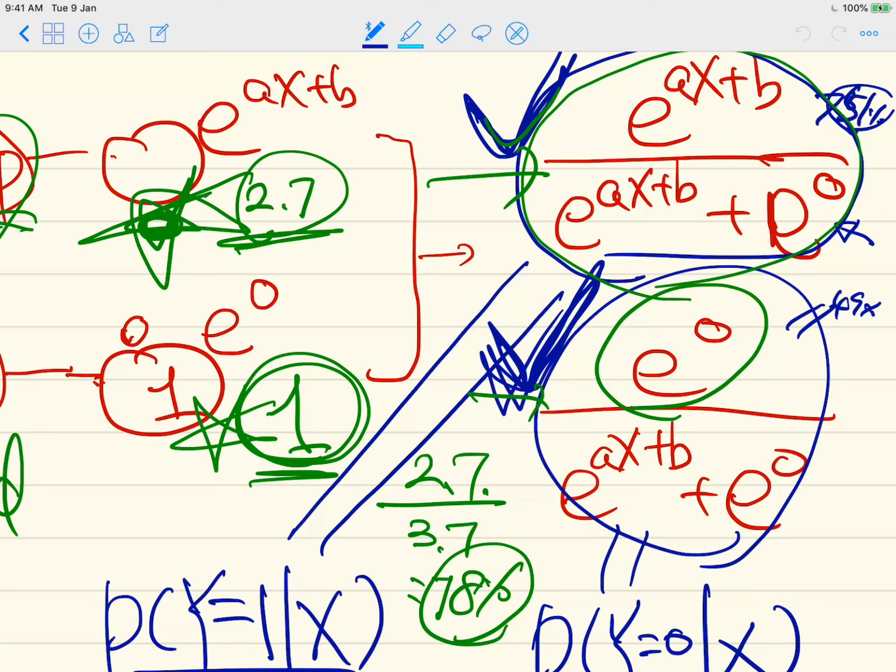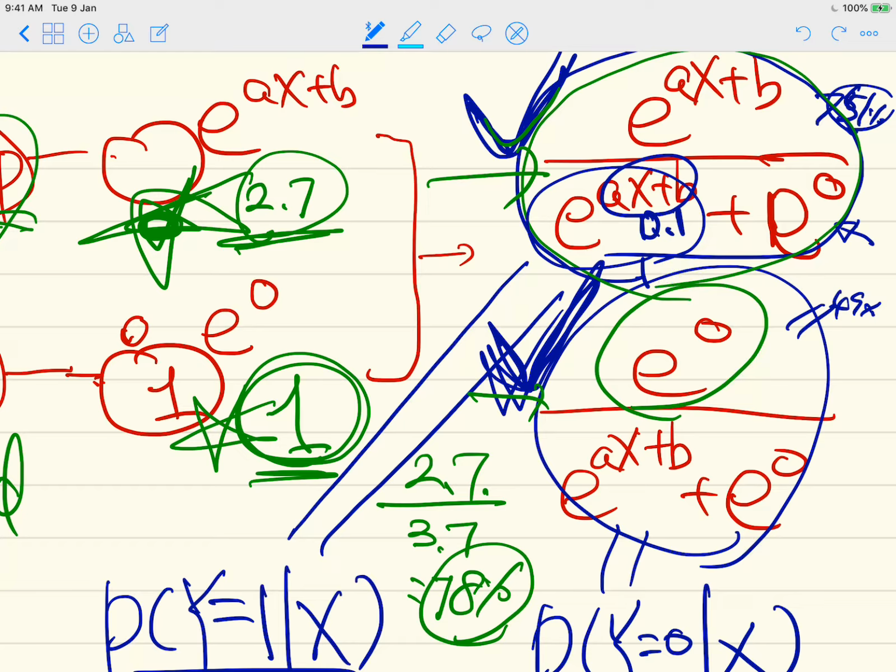So the Bayes classification rule is performed based simply on whether ax plus b is greater than or equal to 0 or not, right? If it is, for example, slightly greater than 1, like 1.03, then this is when the first one is winning.